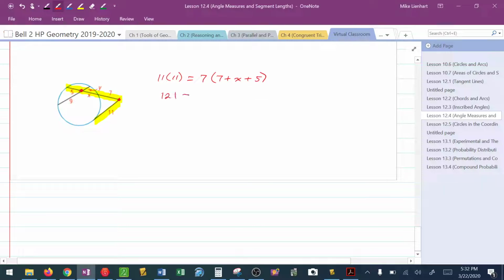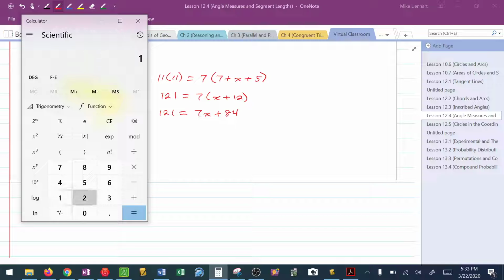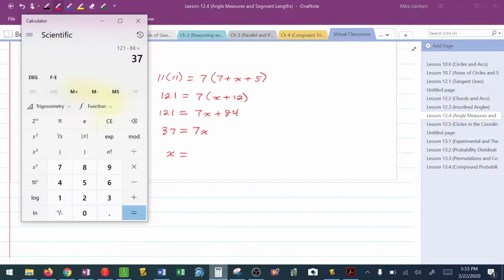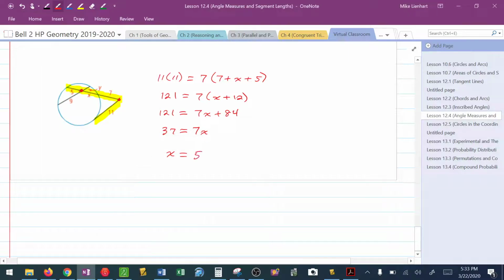So this would be 121 is equal to 7 times x plus 12, or 121, I should say, is equal to 7x plus 84. If I subtract 84, 121 minus 84, I get 37 is equal to 7x. And then if I divide 37 by 7, I get 5.3 rounded correctly.